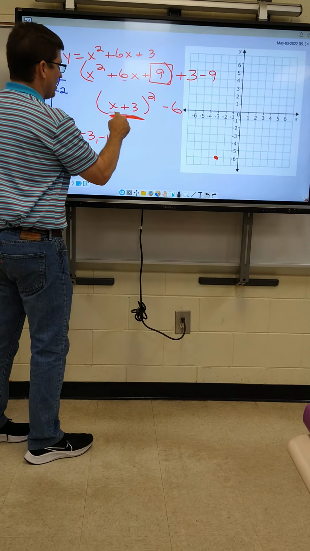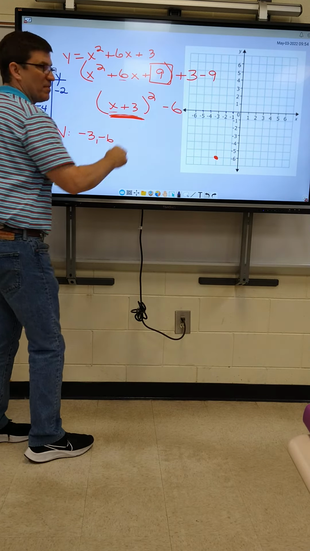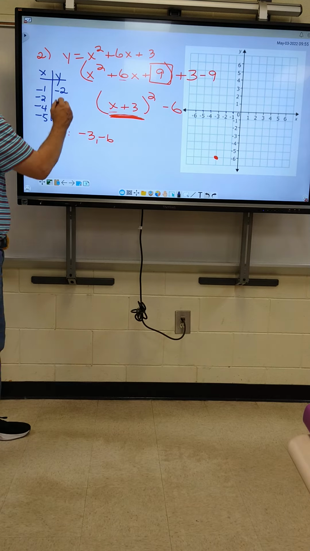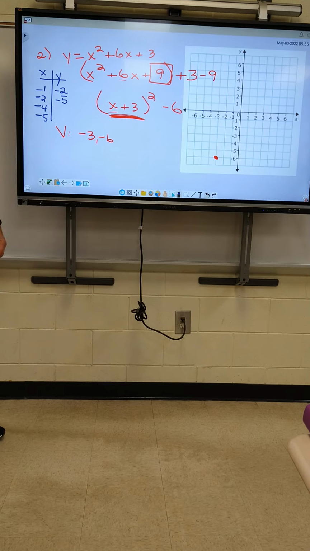Plug -2 right here, +3 squared with a -6 behind it. See if that's what I get. -5, correct. All right, Mallory, what did you get when you plugged in -4? -5, so the last one's got to be -2. Just follow the pattern.